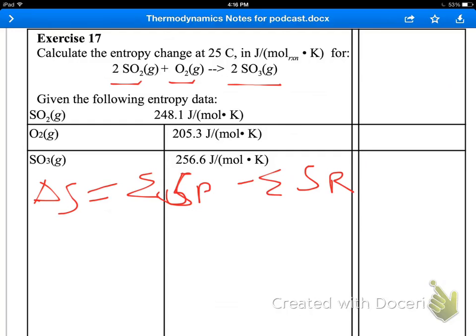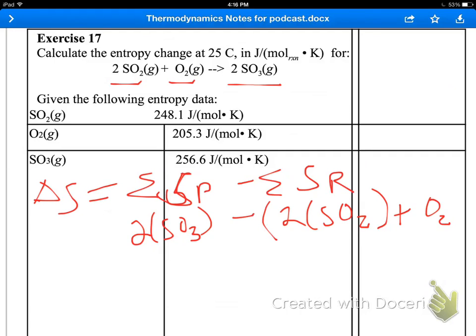So for the products, it's going to be 2 times SO3's value minus 2 times SO2 plus O2's value, 1 O2, right? And the important thing here is that the entropy of the elements is not 0.